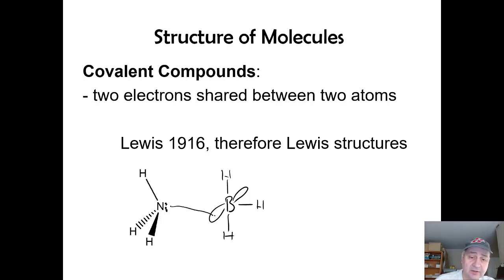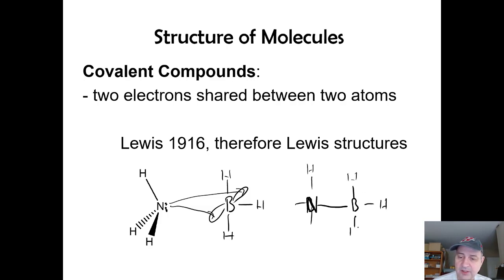It'll donate the electron density into this empty p orbital, and so when we draw it all out, we don't really distinguish necessarily. I don't want to put a boron there, I want to put a nitrogen here, right? Nitrogen has a lone pair, and so when we draw it, it will look like this. Now every element here has an octet.